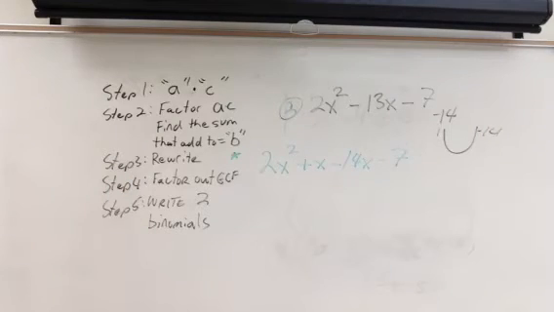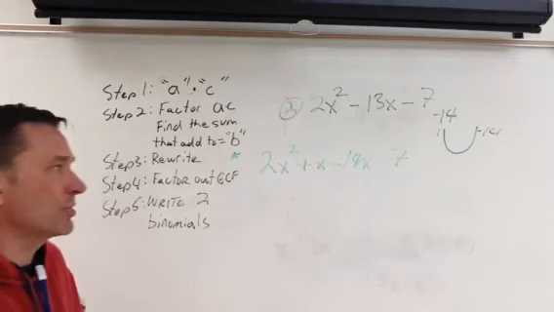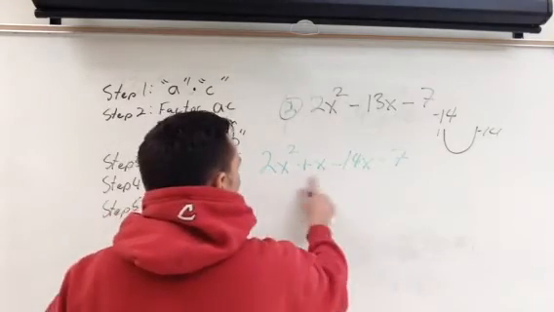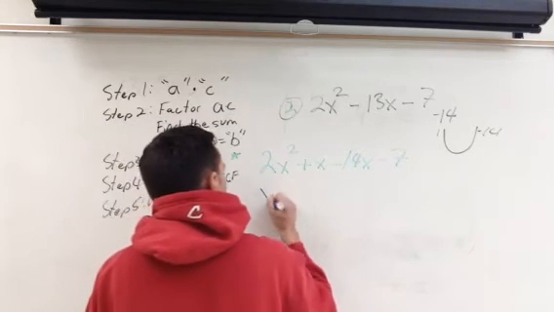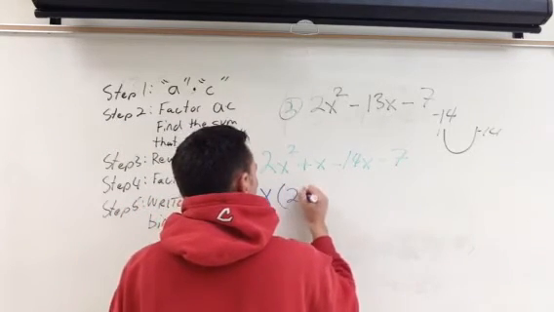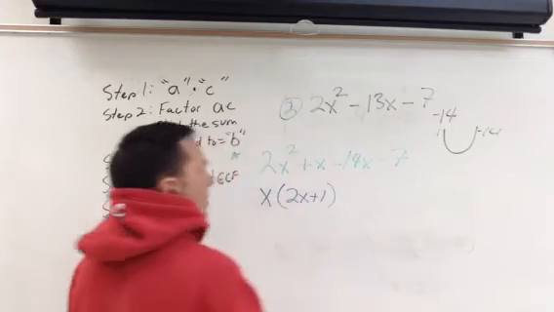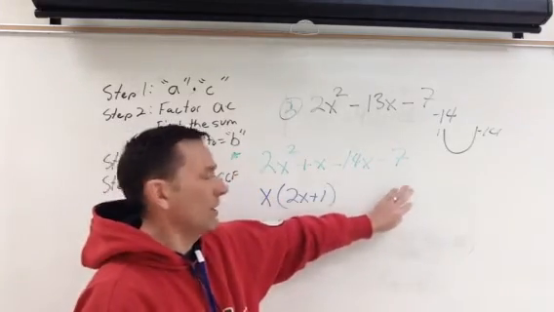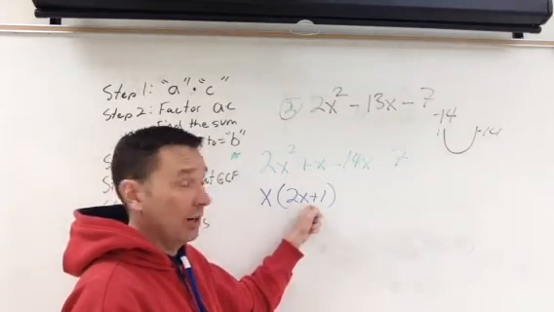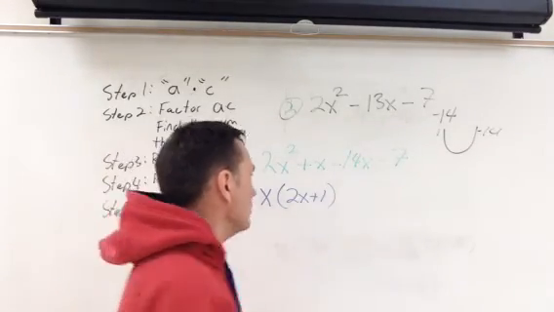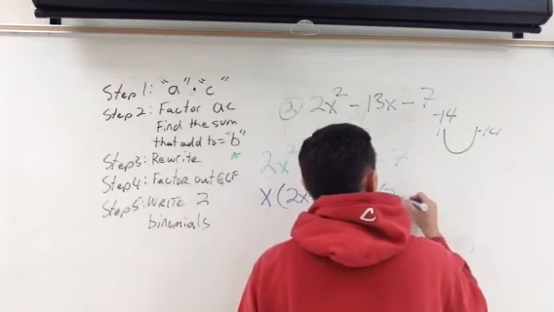Now we want to factor out a GCF. Pay attention here, because this is where it gets a little bit tricky. This first one, just looking at this, we can see that we can factor out an x, leaving me 2x plus 1. What do you think has to be over here in parentheses? If we started with a 2x plus 1 here, also a 2x plus 1.